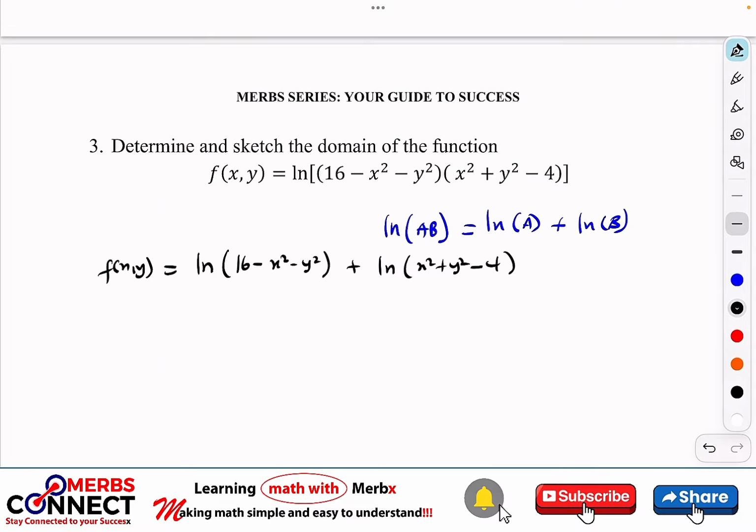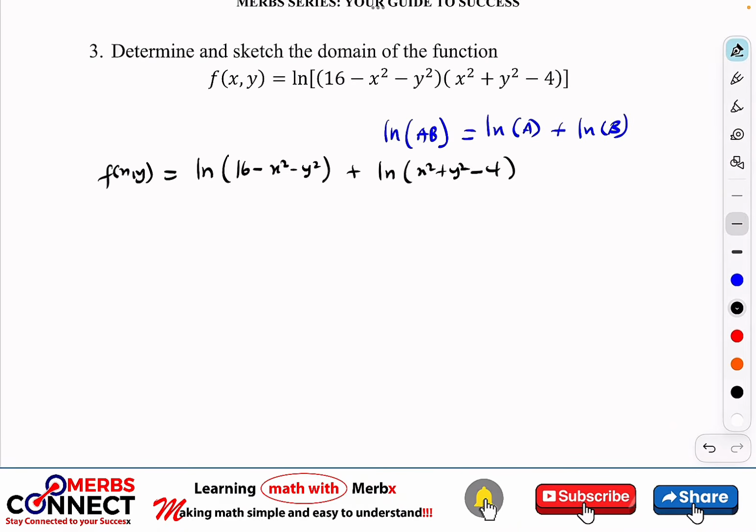So I have two functions for which I want to find the domain. Let's do that. Let me pick the first one. The domain of the first one, domain 1 of f, is going to be x, y belongs to R2. Now here, remember we said with the natural log function, what is inside the parentheses should be strictly greater than 0.